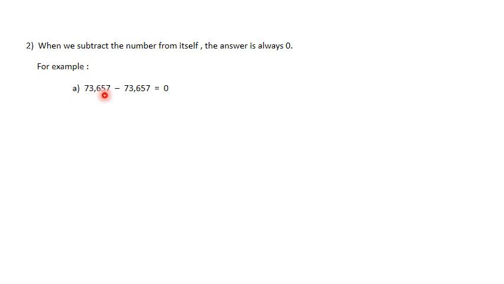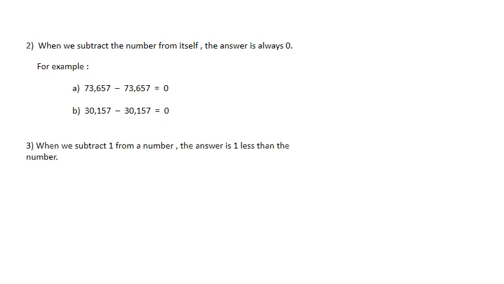Both the numbers are the same. It means when we subtract any number from itself, the answer is always 0. Let us see another one: 30,157 minus 30,157. This number is subtracted from itself, so the answer is 0.